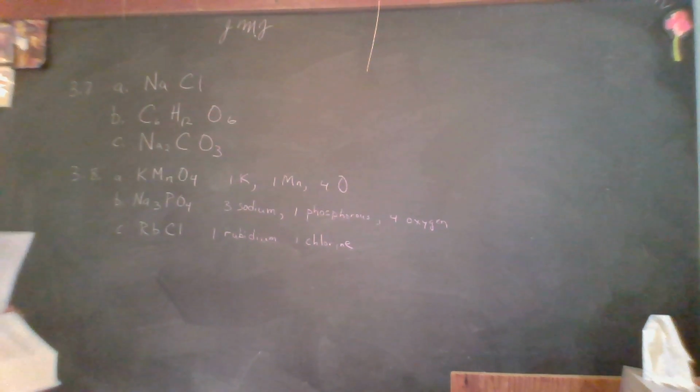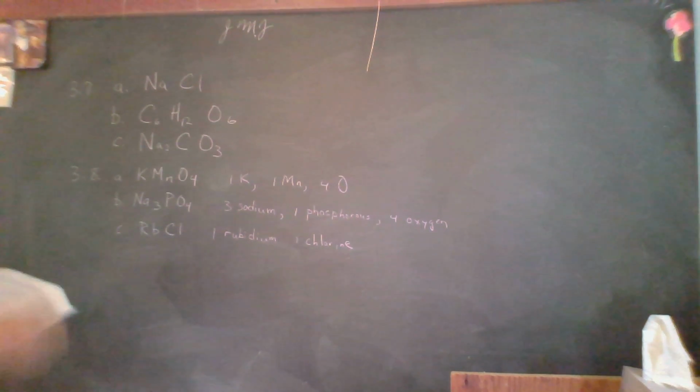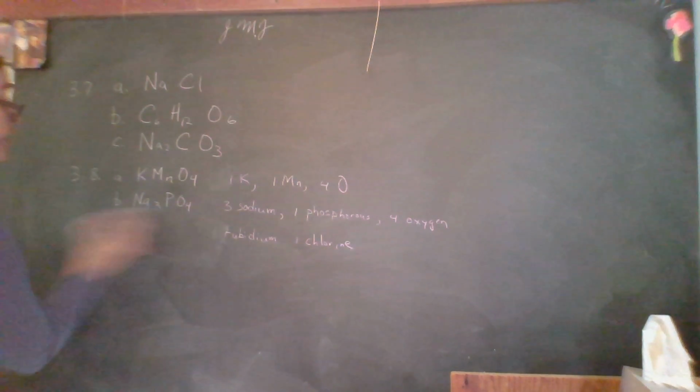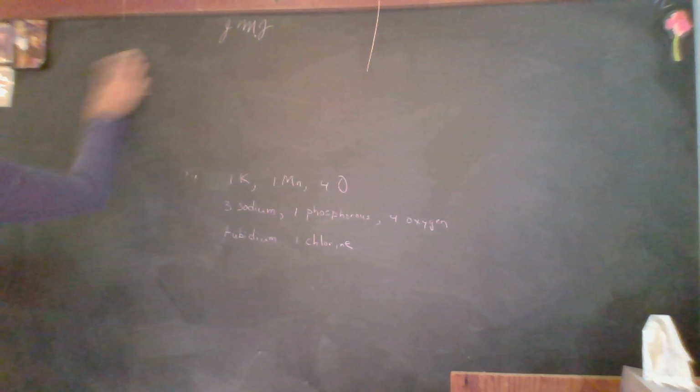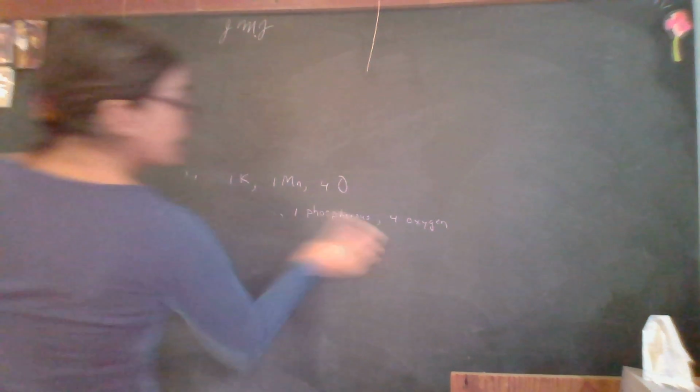Okay, moving right along to On Your Own 3.9. On Your Own 3.9 is found on page 90. It says identify these as ionic or covalent. I'm going to write them out.